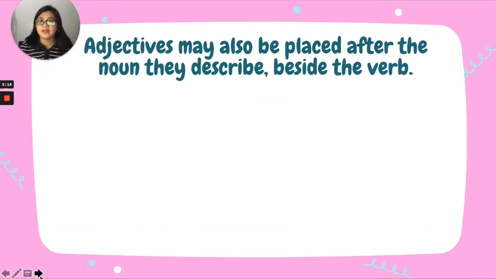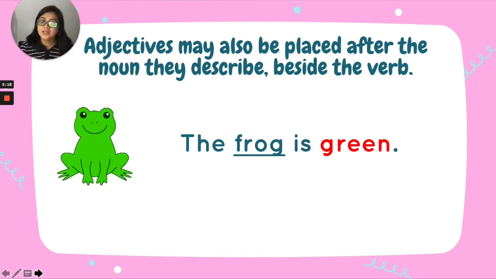Adjectives may also be placed after the noun they describe, beside the verb. Now, if you look at the sentence, the frog is green, you might ask me, teacher, there is no action word there. Remember, in the last video lessons that we had, I said that verbs can also be linking verbs. Aside from being action verbs, they can also be linking verbs.